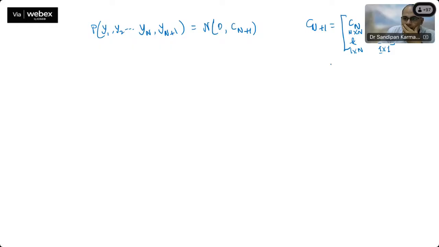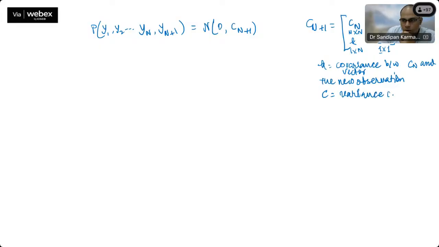So what is K here? K is the covariance vector between Cn and the new observation, whereas small c is basically the variance of the new observation.